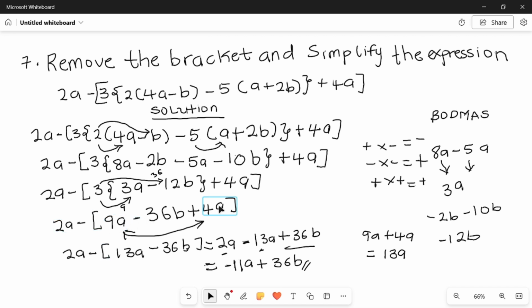That's 9a and 4a. And we got 13a minus 36b. Then we use the negative sign to multiply everything inside the bracket to get this. And finally, we collect like terms, 2a and 13a, and we had our final answer as minus 11a plus 36b. So we'll move to the next example.